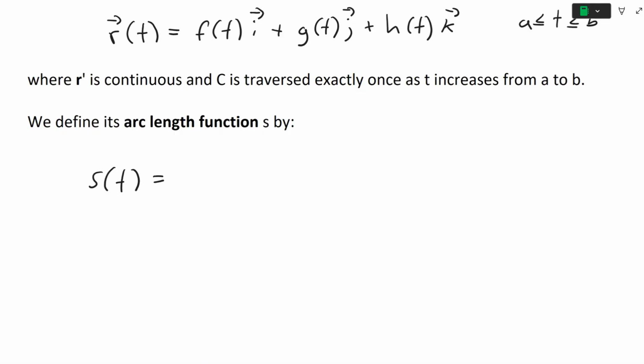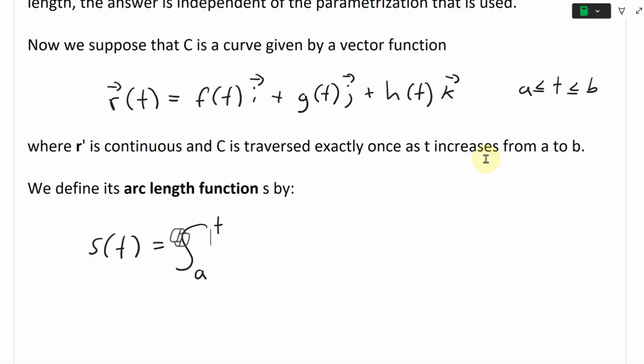So now this is going to equal the integral from a to t. As opposed to going from a to b, the full arc length, we're going a subsection, a to t. That means we have to change the variable inside.